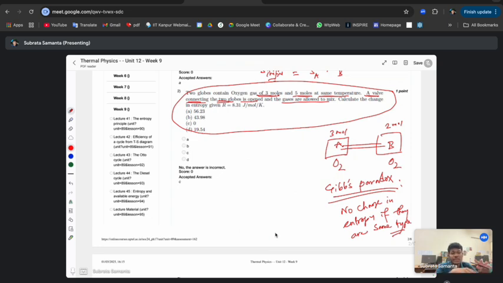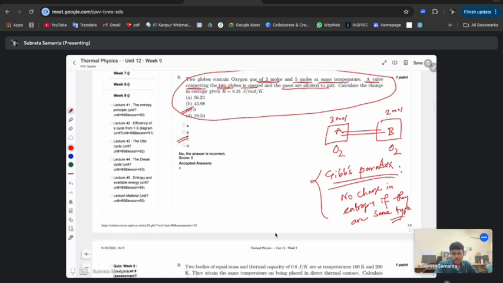If they are the same type of gas, then the change in entropy when we open the valve and allow them to mix remains 0. Only a non-zero value arises when you mix two different types of gas. So be careful, and that is the famous Gibbs paradox. So in this case the answer is easy, 0, option C.